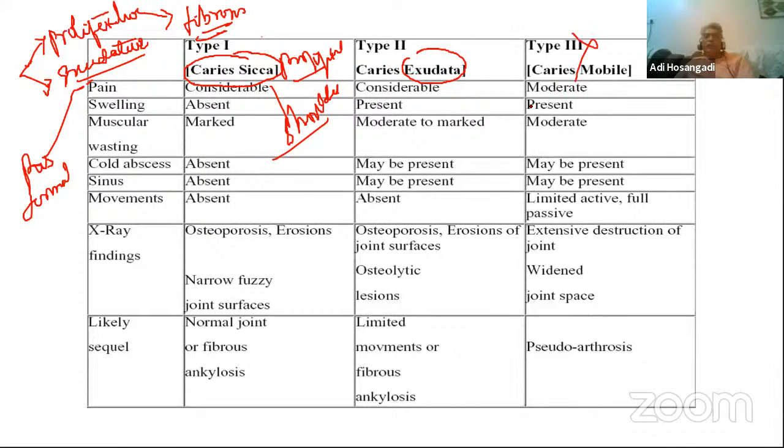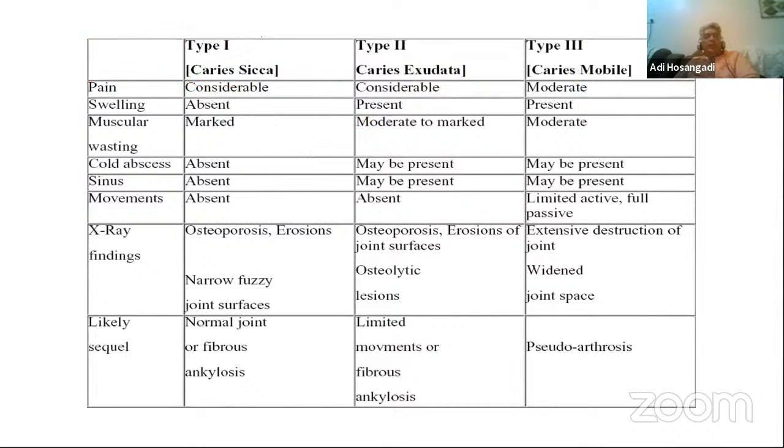Don't bother about this, that is not for your level. But please remember it is proliferative type or exudative type. What I was mentioning is that you should know if the synovium is affected in the beginning. So synovial inflammation happens, and because of inflammation there is a lot of synovial fluid secretion.